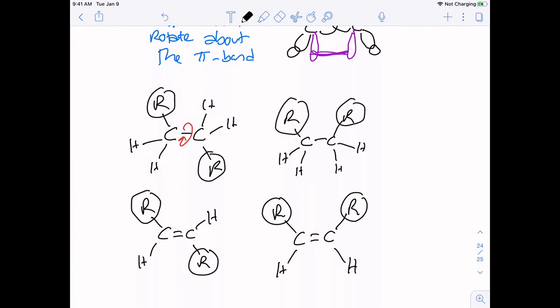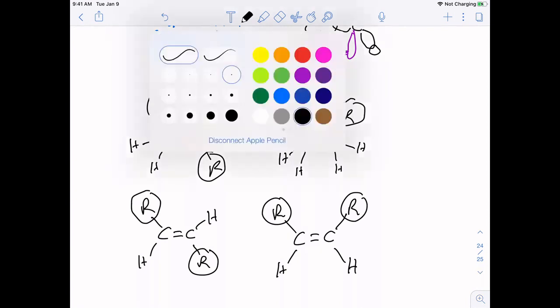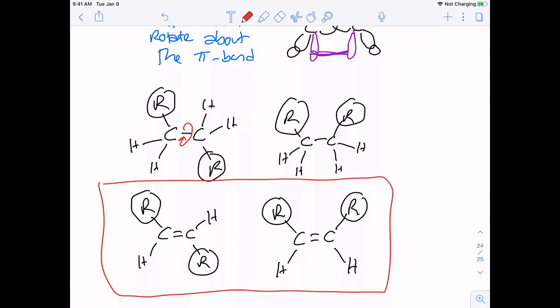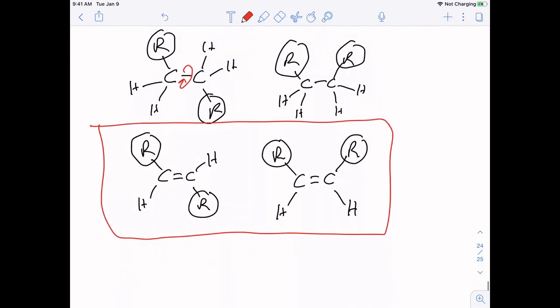I'm going to write it on there, but then undo it because this is totally wrong. We can't do that. Because they're locked above and below, these two molecules are actually different. These are stereoisomers of each other. I can't get one from the other by rotating a bond.